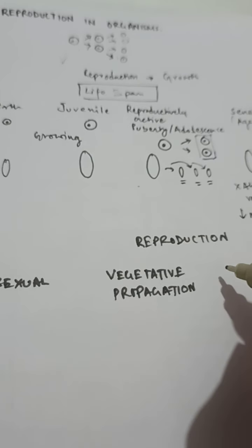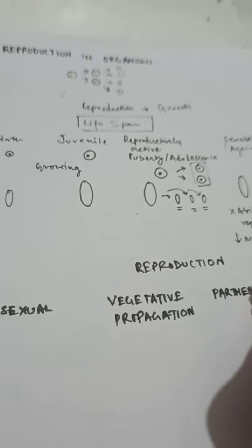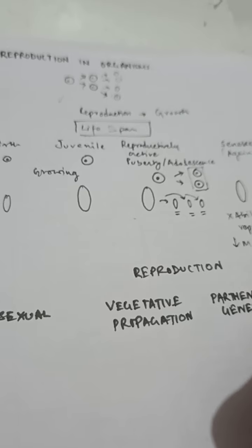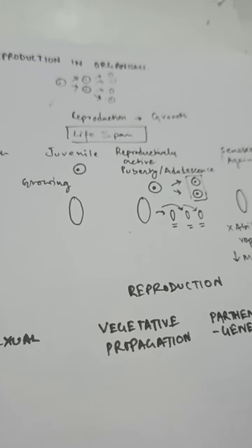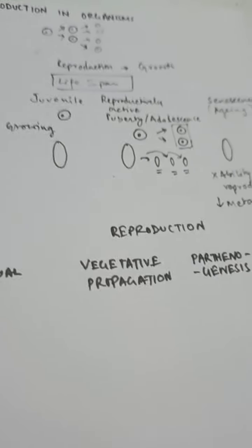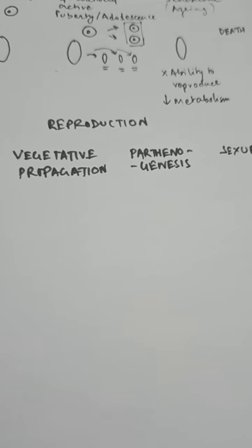Then we can consider parthenogenesis, and finally the process of sexual reproduction. Okay, sorry, it was not in focus. Okay, so asexual reproduction, vegetative propagation, parthenogenesis, and sexual reproduction.